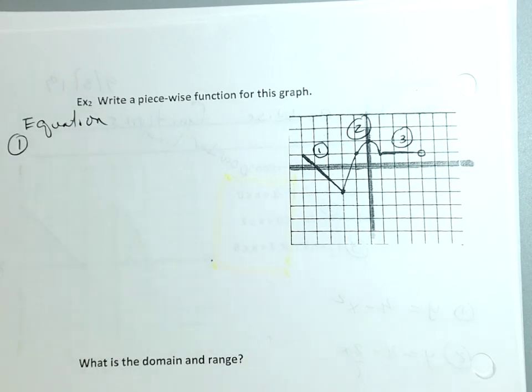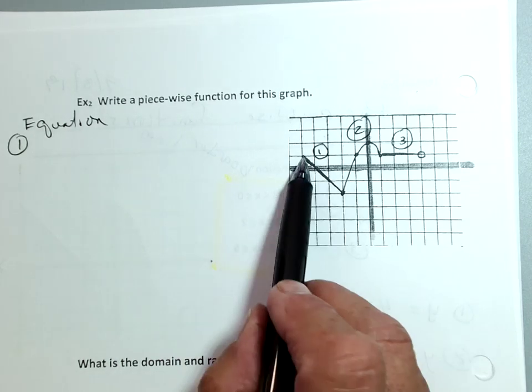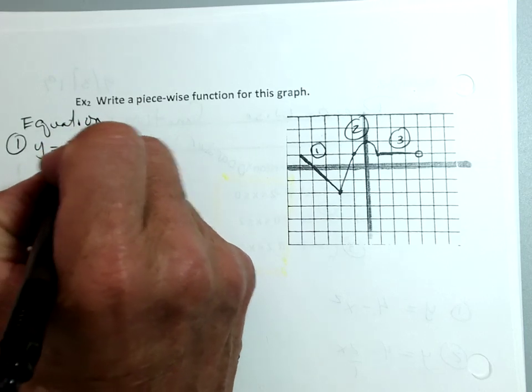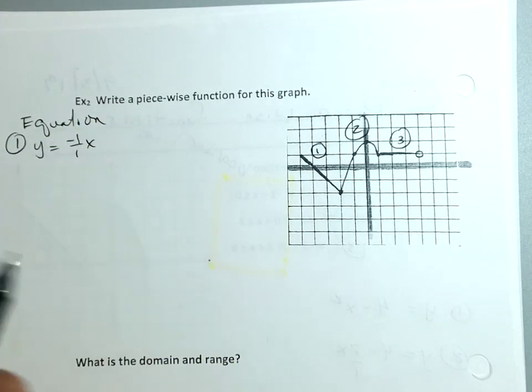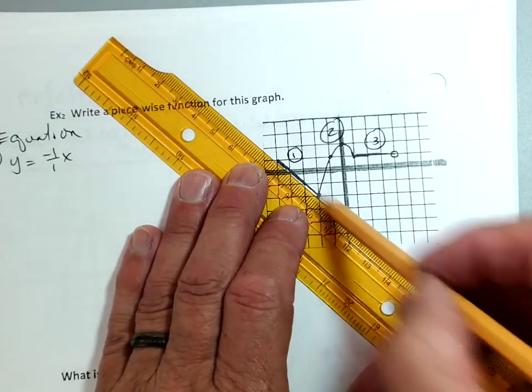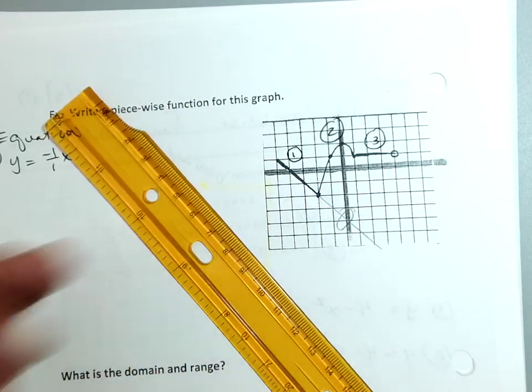And if I look at equation 1, it looks like a straight line, right? Looks like it's down 1 over 1, down 1 over 1. So it looks like it's a y equals down 1 over 1 x. It has a y-intercept, but it got erased. Its y-intercept was -4.